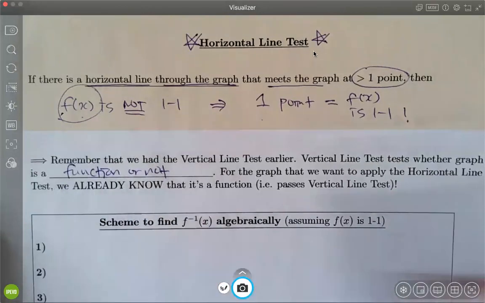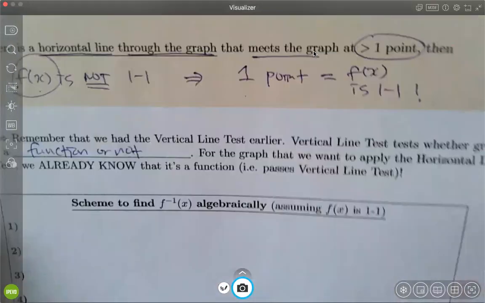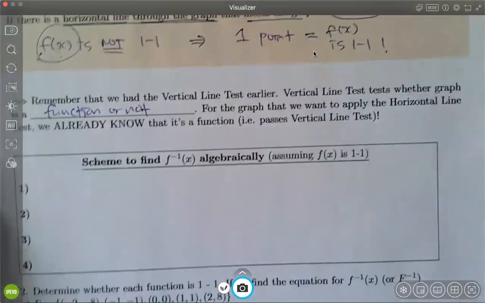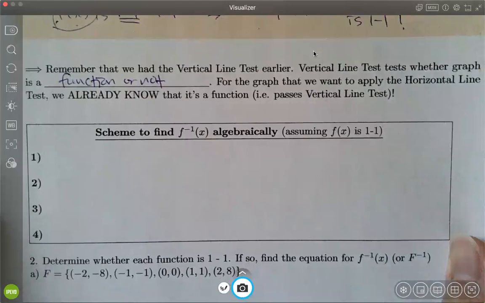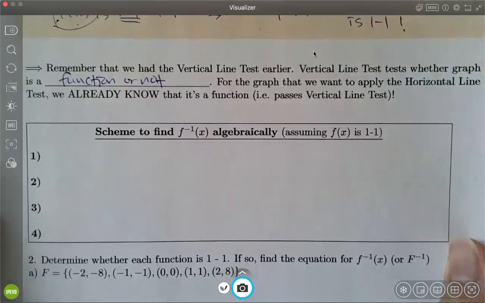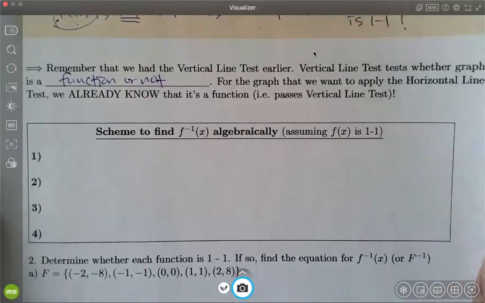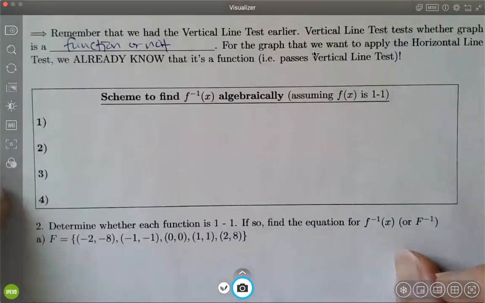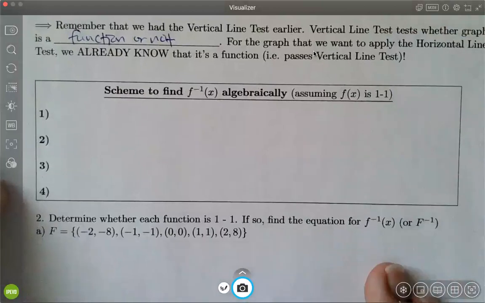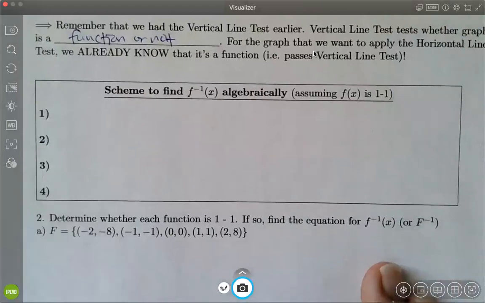So that's that. Now, here is the scheme to find the equation of f inverse algebraically, assuming f of x is one-to-one. And you can see that there are 4 steps. Now, 3 of these steps are so basic that even a 4-year-old kid can know how to do it.